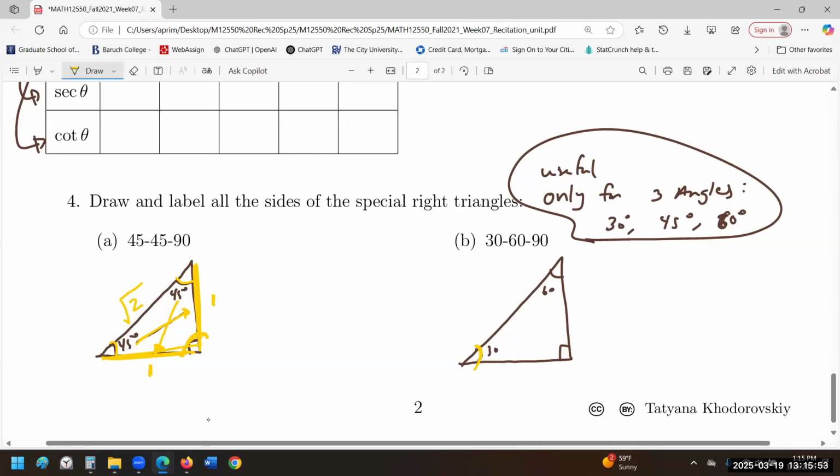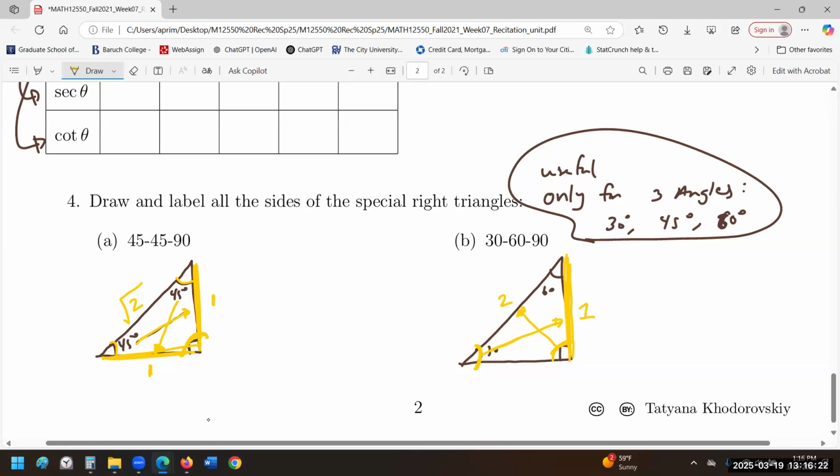Similarly, for the other triangle, the smallest angle is 30 degree. So I'll assign the smallest number, 1, to the opposite side of the smallest angle. Now between 60 and 90, 90 is the largest, so we assign the next whole number, 2, for the largest angle.